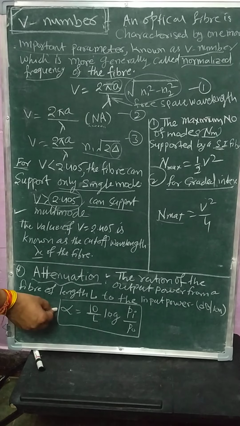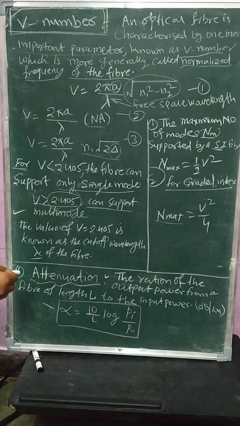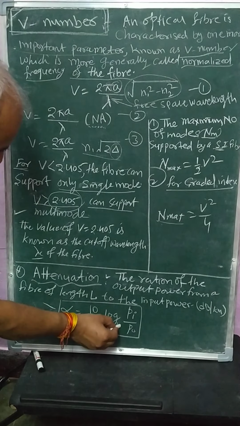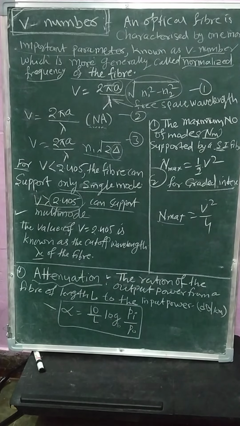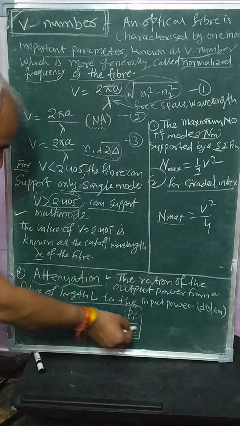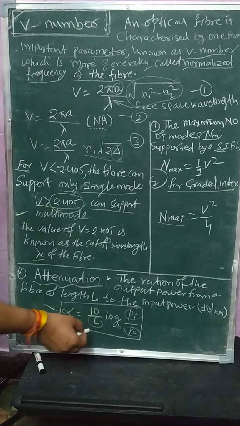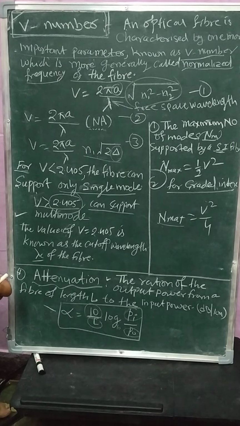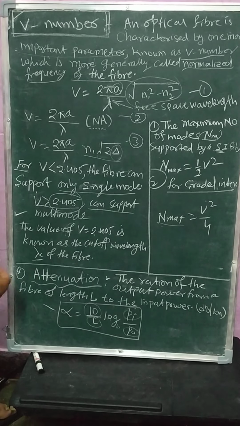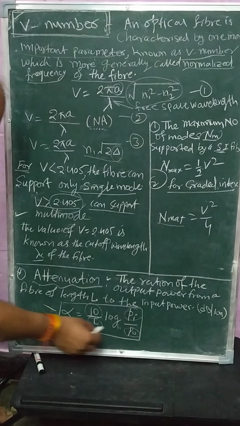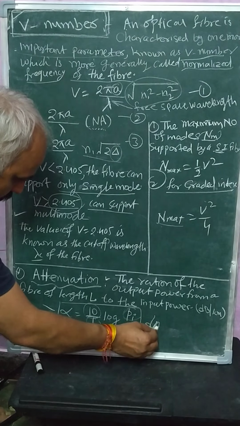The most important formula: alpha equal to 10 upon L log base 10 of Pi upon Po. Pi means input power, Po means output power, L is the length of the fiber, and 10 is a numerical constant. Alpha means attenuation, and its unit is decibel per kilometer.